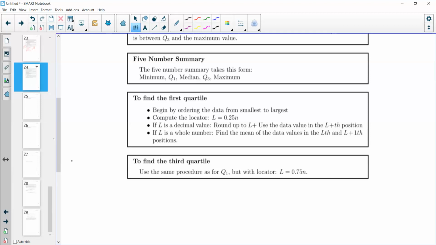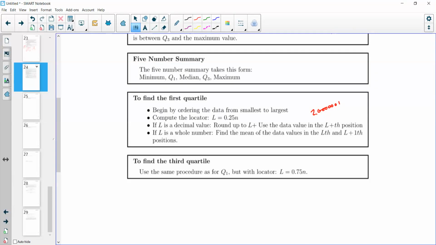If L is a decimal value, you round up, no matter what decimal value it is. If it's 2.000001, you still round up. It won't be, but if it is, round up anyway. I guess we can call it bump it up instead. That way you won't get confused with traditional rounding.